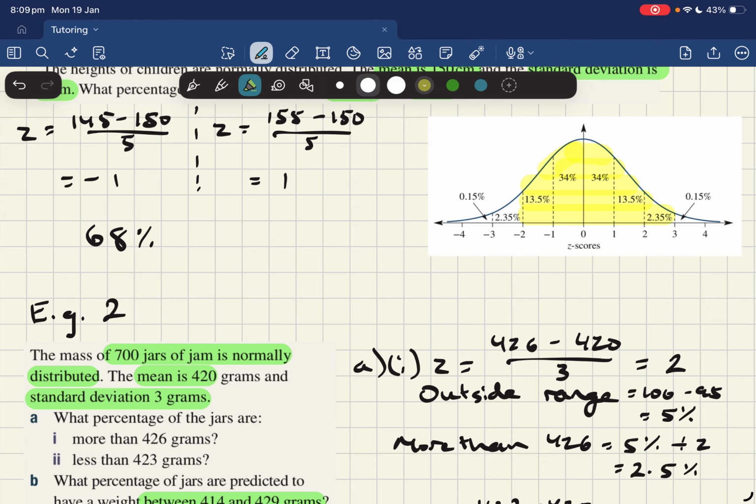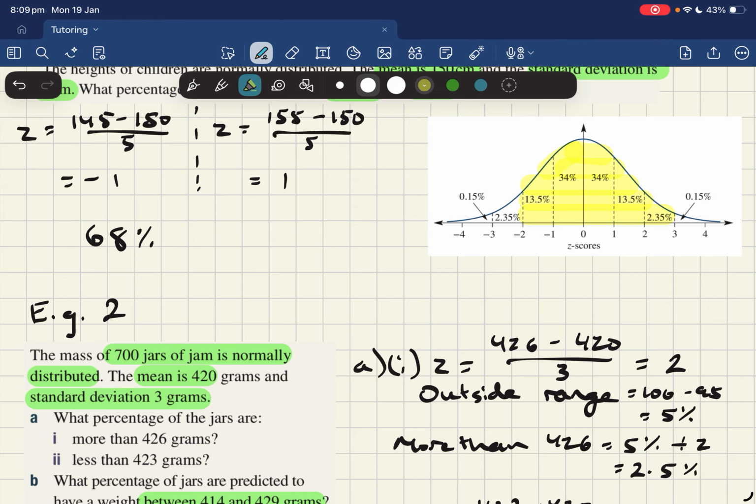Since we have all of these percentages, we can just add them all together: 13.5 plus 34 plus 34 plus 13.5 plus 2.35. You can also use the 68, 95, 99.7 rule: between -2 and +2, we have 95%, plus our 2.35 gives us 97.35.